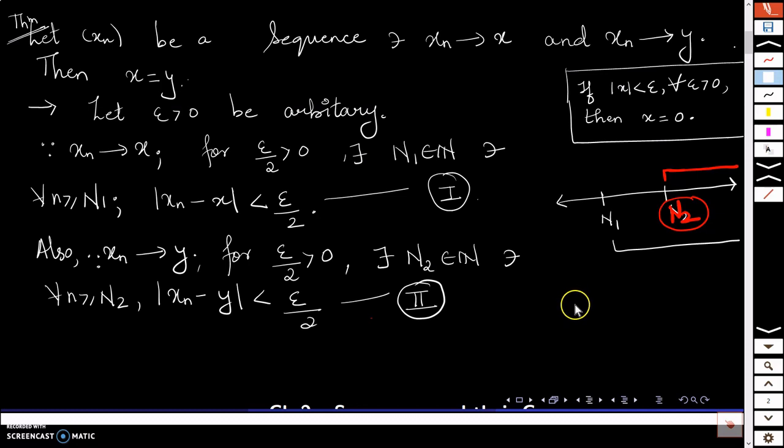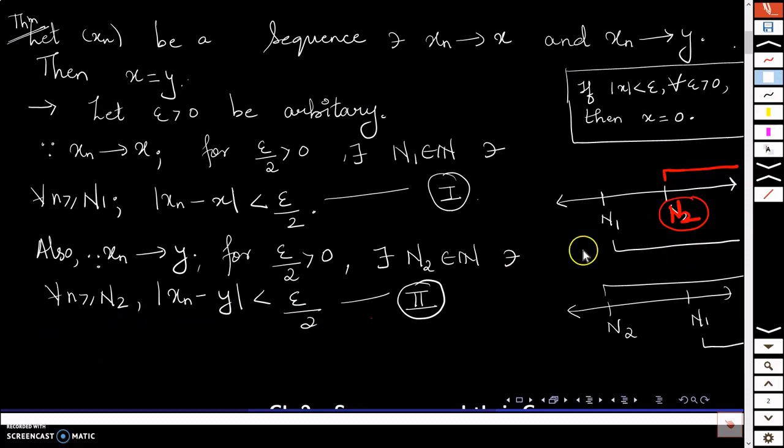But what if the situation is somewhat like this? What if n2 is here and n1 is here? Then n1 will be these points and n2 will be these points. In this case, I will be picking n1. So which one are we picking? Can you make this observation? We pick the maximum between n1 and n2, the one which is on the right side. That's the maximum, the bigger one.